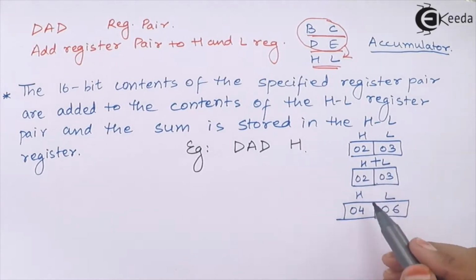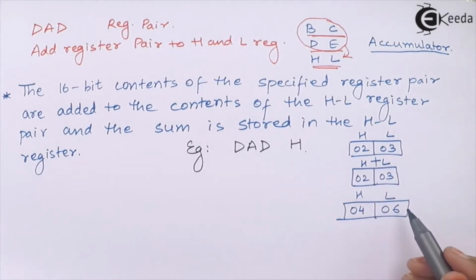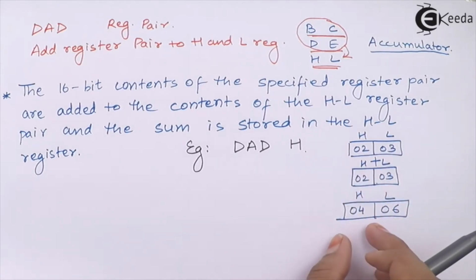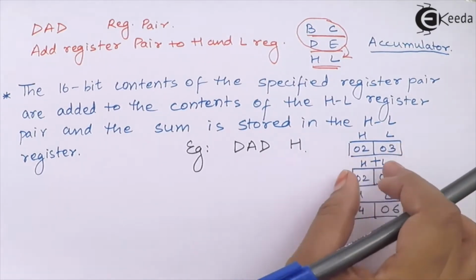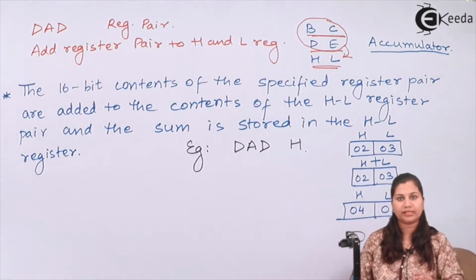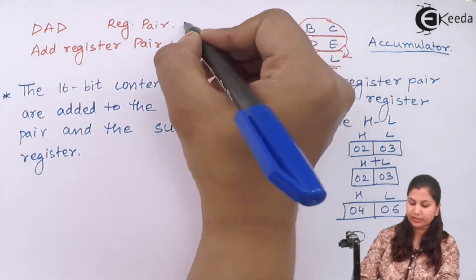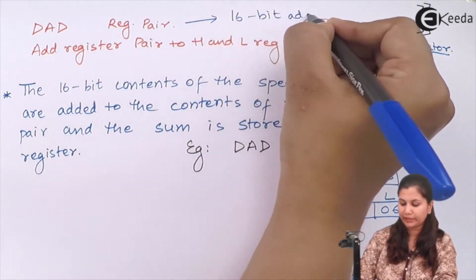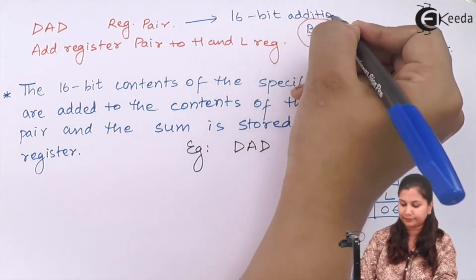Now this addition was an 8-bit addition also. You can say that H and H are 8-bit data and the result is also 8-bit. You can have 16-bit data also here and then the result will be the 16-bit content. So this instruction is allowing the 16-bit addition of the data.